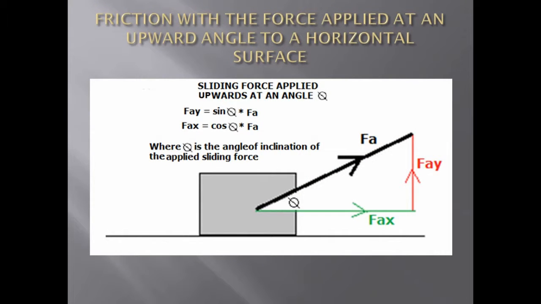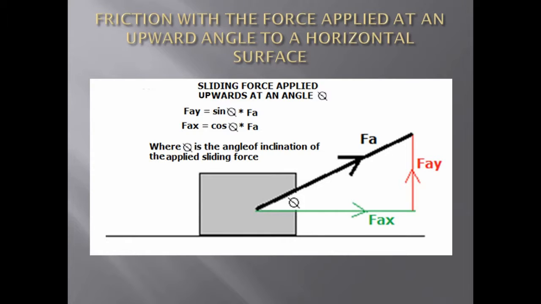So here we have a force applied at an upwards angle to slide an object along a horizontal plane. As we can see here, we have our angle of inclination and our applied force upwards at an angle, so we can break that applied force into a vertical component, Fay, and we can find Fay from the sine of our angle of inclination.